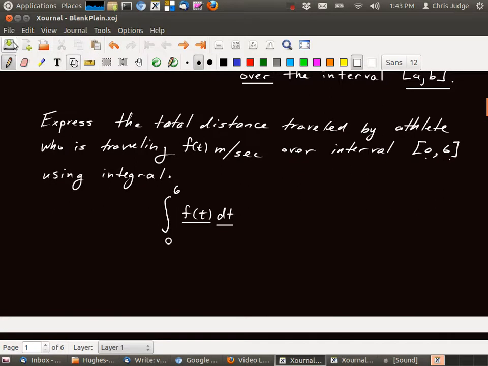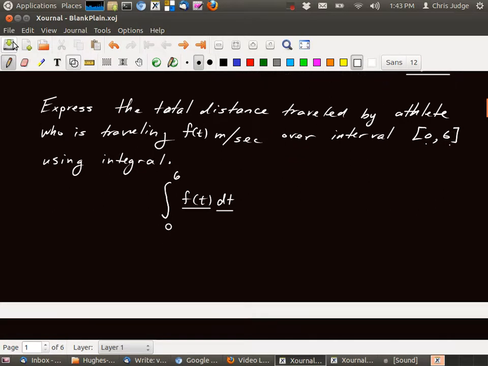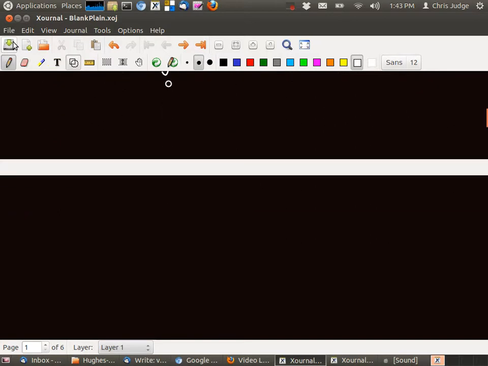Okay, and then there's a graphical expression for the definite integral, so we should explain that. It again has to do with area.